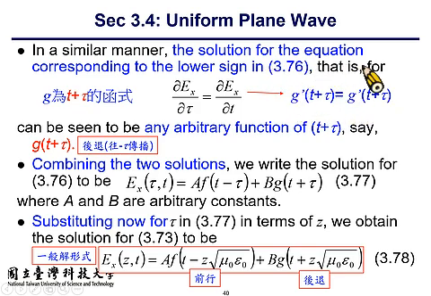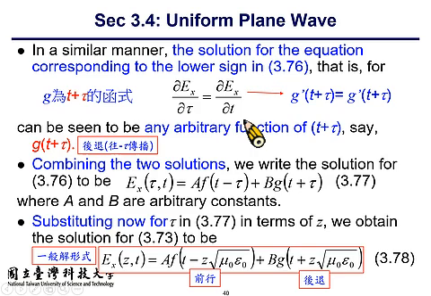It's still a legitimate solution for this equation. As we can see from the previous two cases, both f, a function of t minus tau, and g, a function of t plus tau, are potential solutions for this second order differential equation, the wave equation.